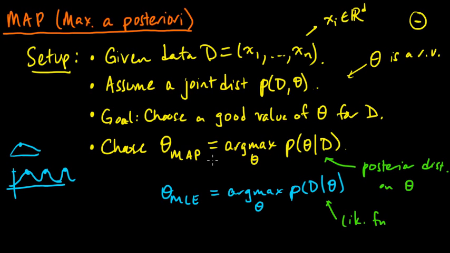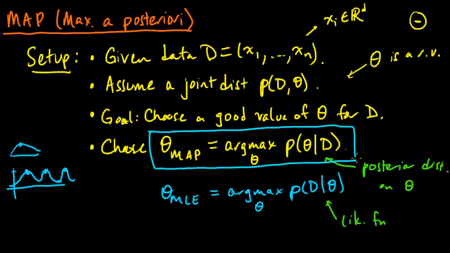So the maximum a posteriori estimate maximizes the posterior distribution. That is the MAP, or a MAP. I keep saying the MAP. Oftentimes it turns out that there is a unique one, so usually it's correct to say the MAP.